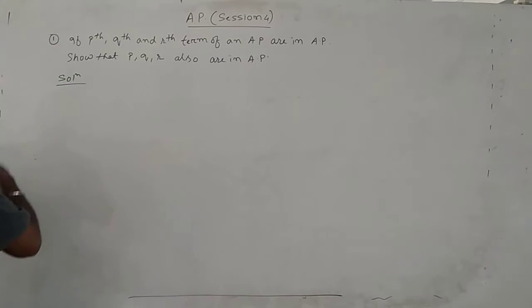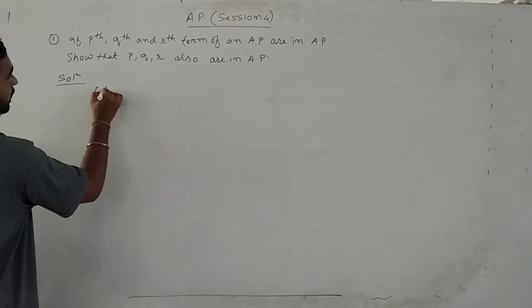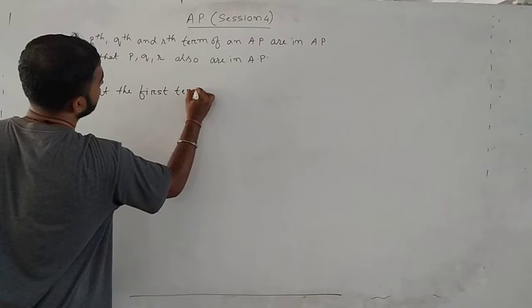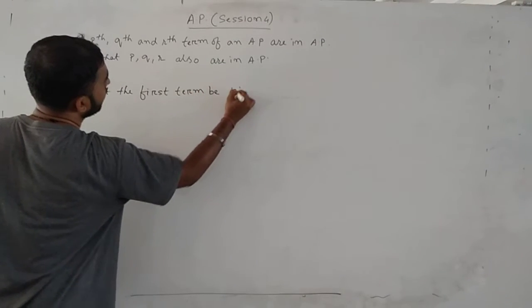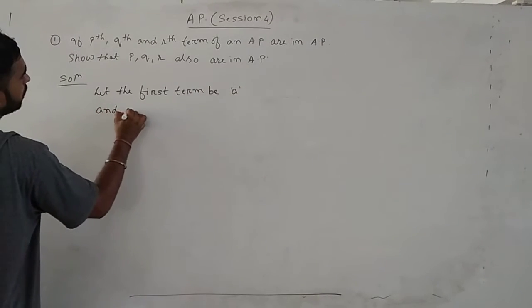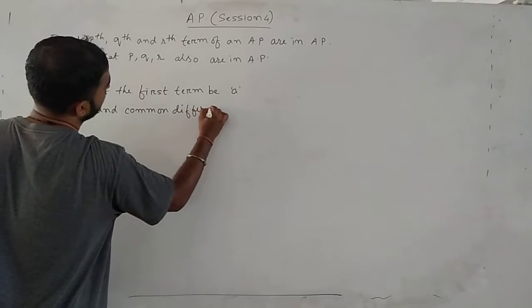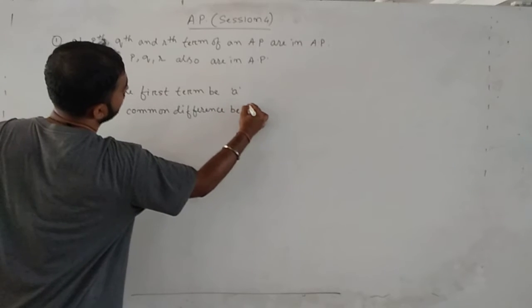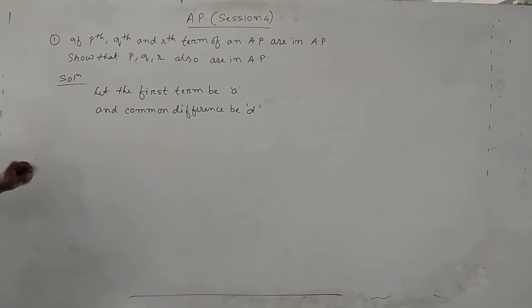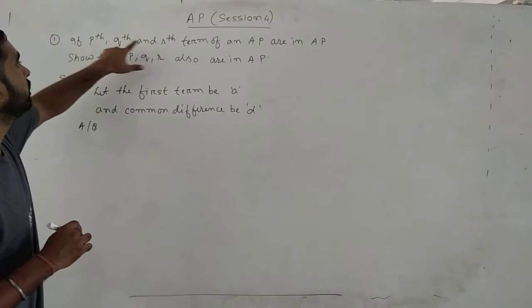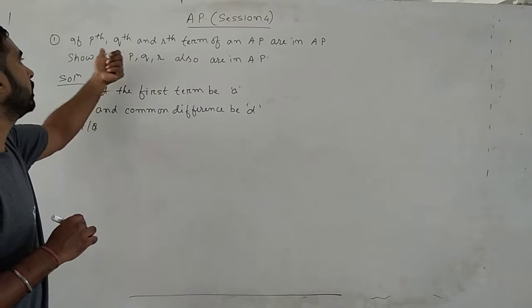First of all, let the first term be A and the common difference be D. Now, according to the question, the Pth, Qth and Rth terms of an AP are terms of an AP, and moreover these are in AP.